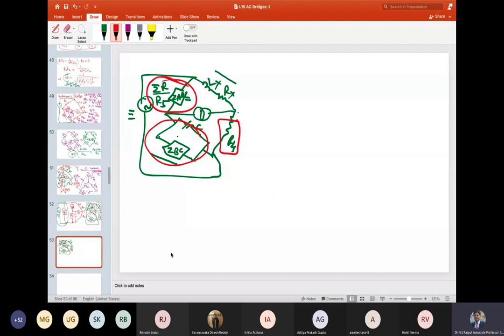So now we have this thing. So I can write its equivalent equation for balance: ZAB divided by ZBC in parallel with the capacitance, so 1 by J omega C3, is equal to this one.